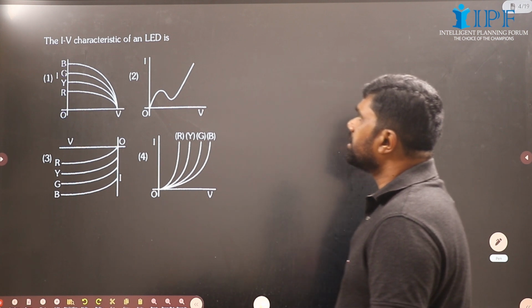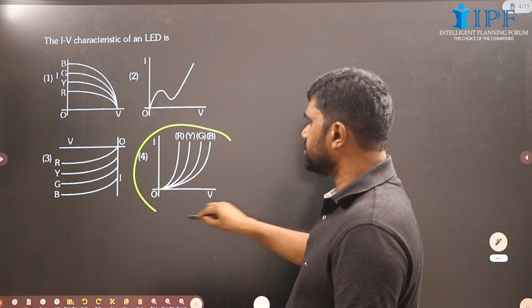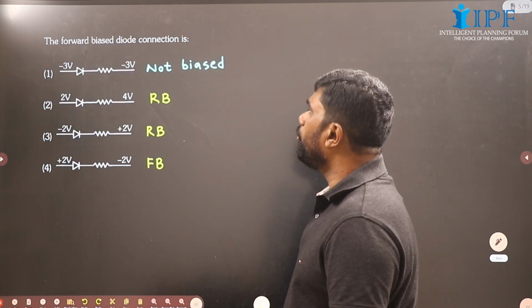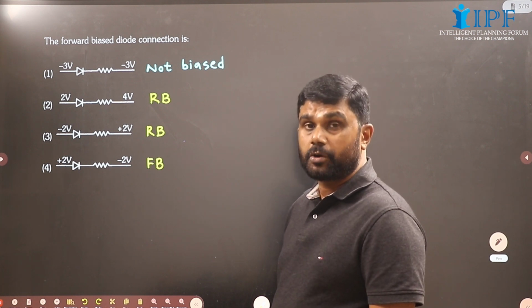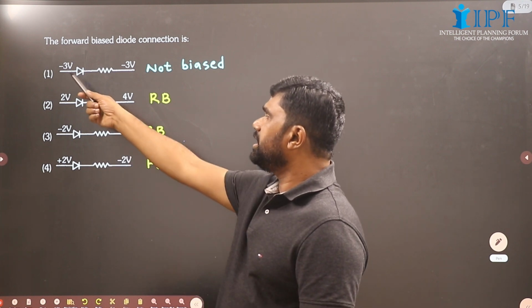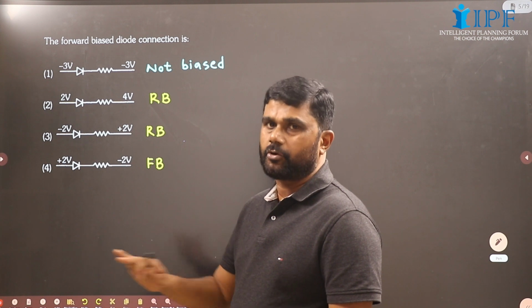Now, IV characteristics for LED. See, this is the IV characteristics for LED. Okay. Now, see the forward biased diode connections. There must be higher potential on P side and lower potential on N side. See here we have equal potentials on both sides, so it's not biased at all.